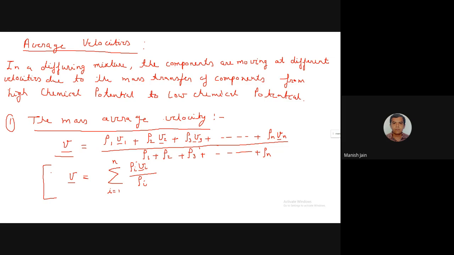Now, the second type of velocity is the molar average velocity. This is a hypothetical velocity, and it cannot be measured, because here the average is based on the moles.